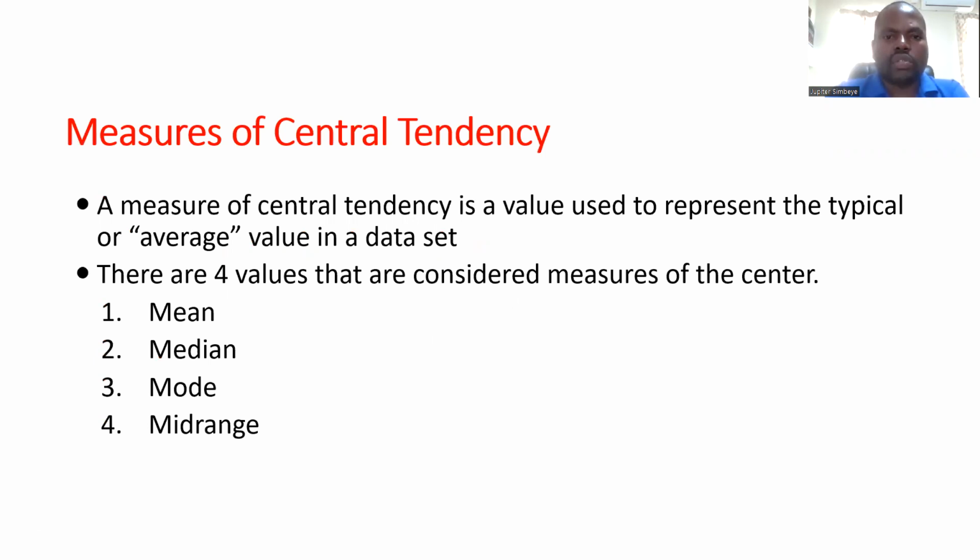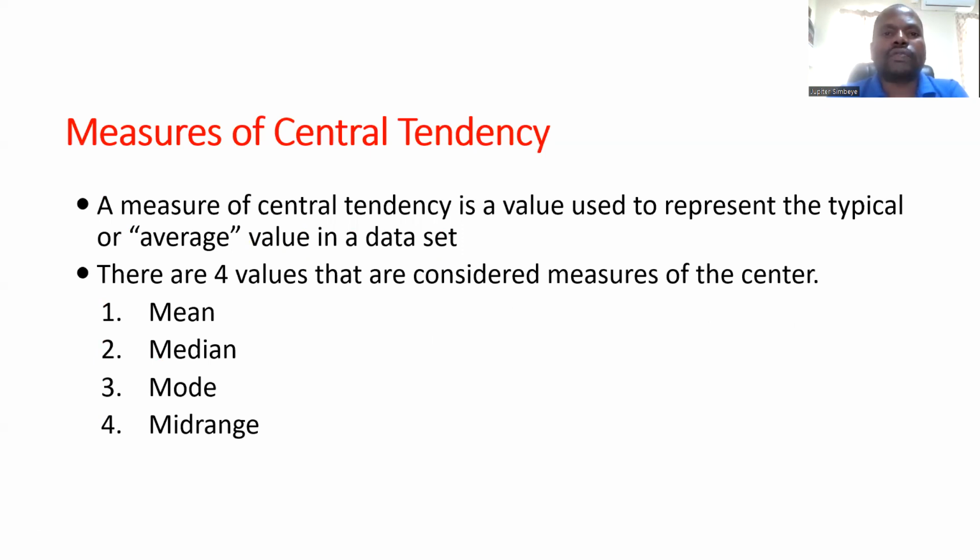Now, we are going to first of all look at measures of the center, sometimes called measures of central tendency. A measure of central tendency is a value used to represent a typical or average value in a data set.